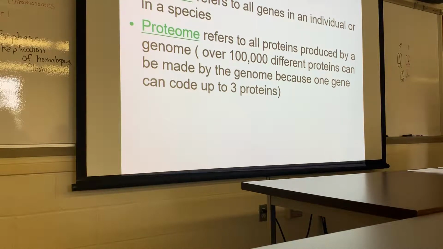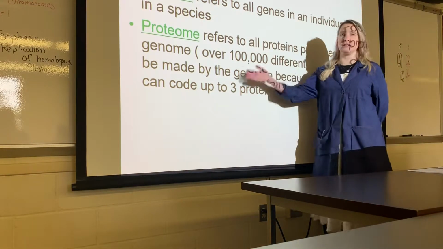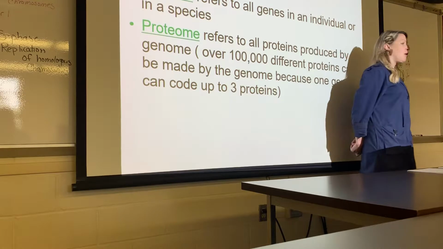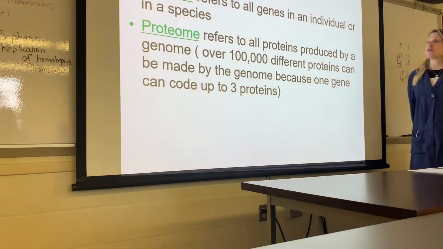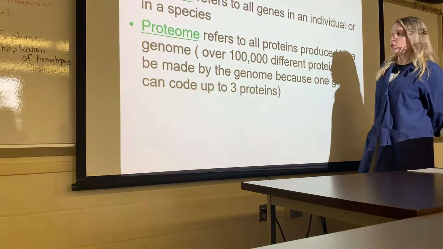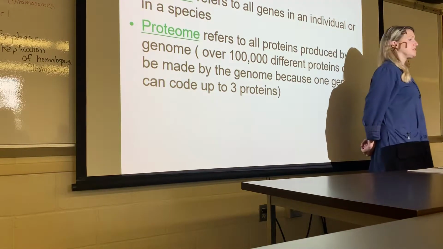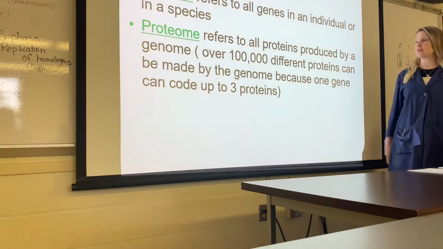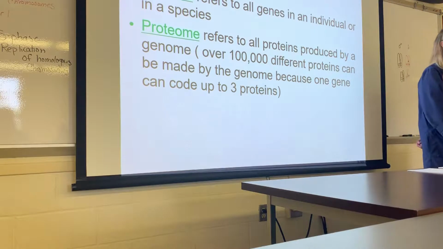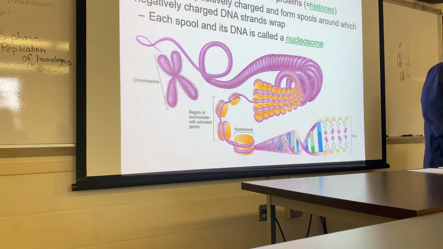That's all in our genome in terms of how we're going to be made. A proteome refers to all the proteins that you can make from all of those genes in the genome. Even though we have 25,000 coding genes, we can make over 100,000 different proteins because one gene, and we're going to see how, can code up to 3 proteins, not just one. So again, we're going to see how that happens.